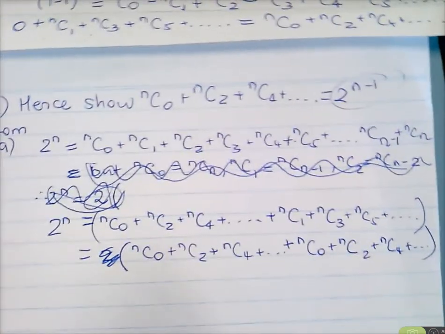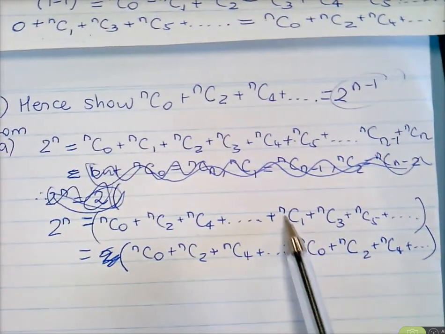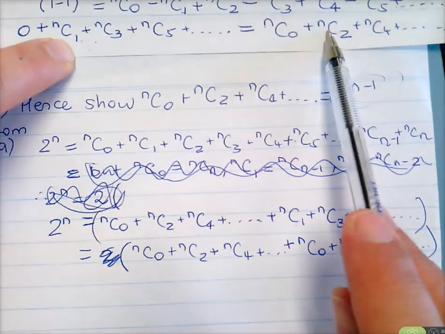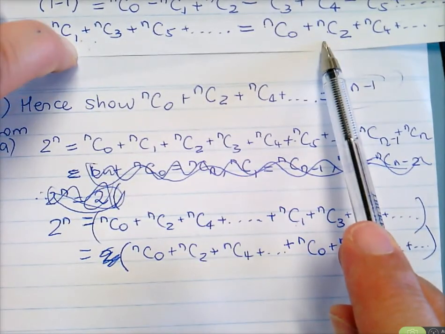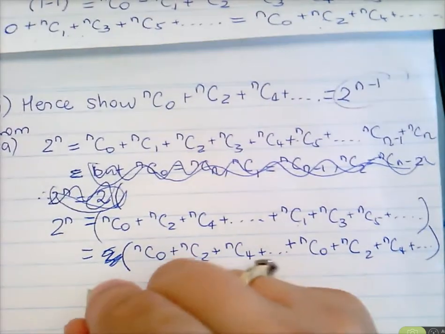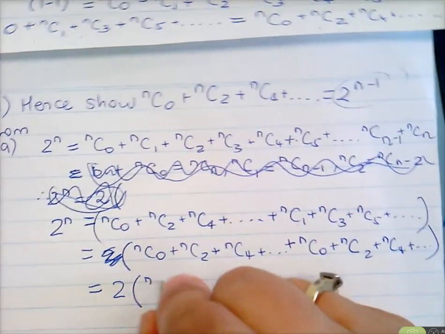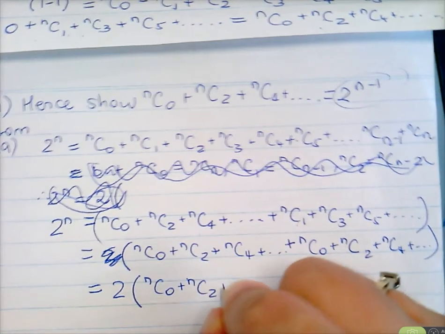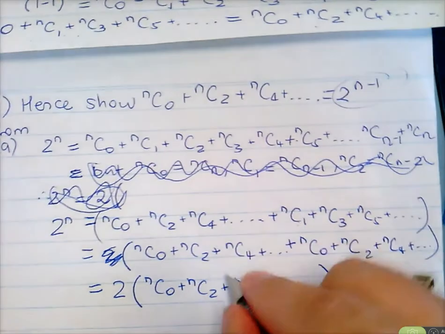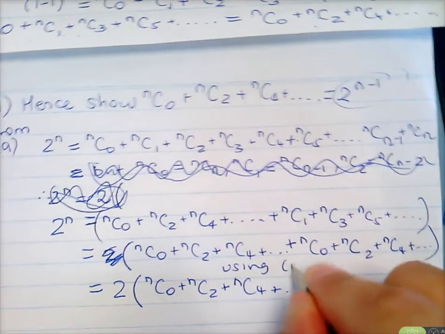Do you know what I've just done? I've replaced the NC1 plus NC3 plus NC5 from here with that. Do you see it? Equals 2 lots of NC0 plus NC2 plus NC4 plus dot, dot, dot. So that was using the result from part 1 above.